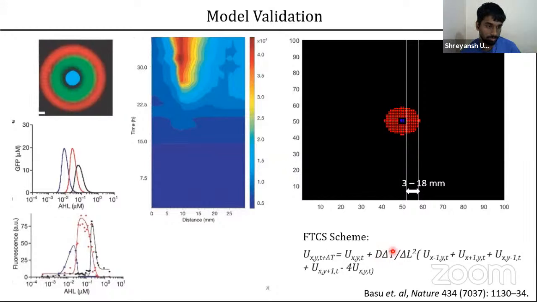So the diffusion parameters are from experimental papers, all physically relevant values, not assumptions. This is true for both AHL and metabolites. But for metabolites, I think there were two papers recently that show that the diffusion scales are pretty small.